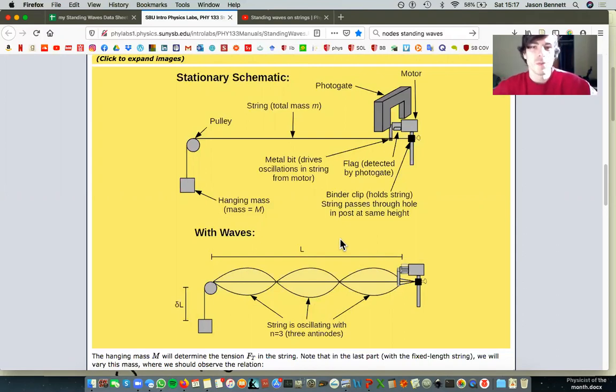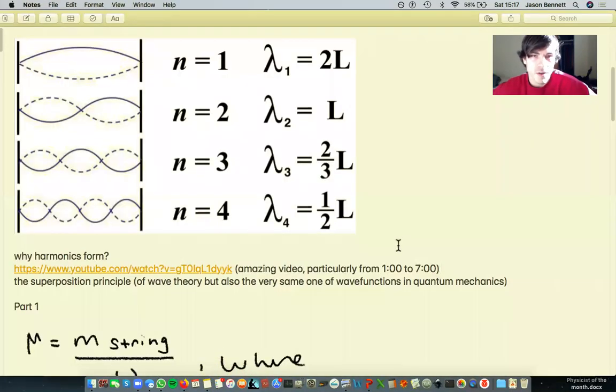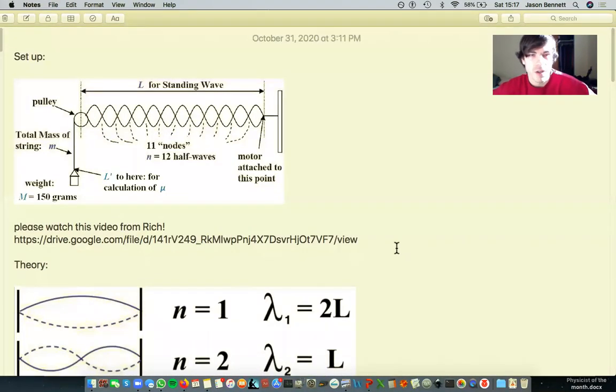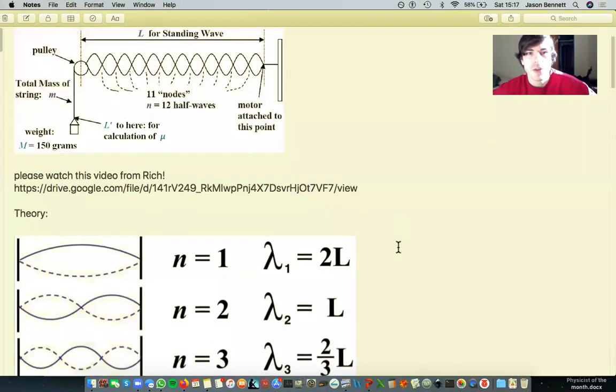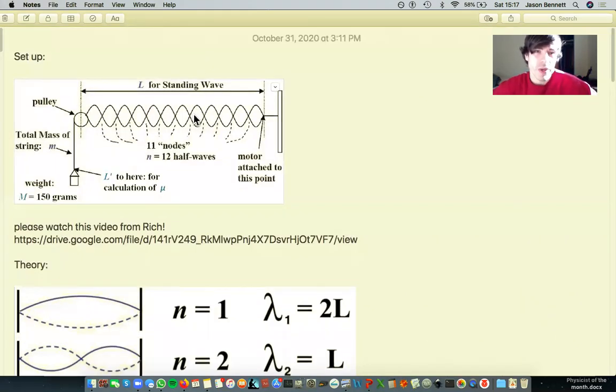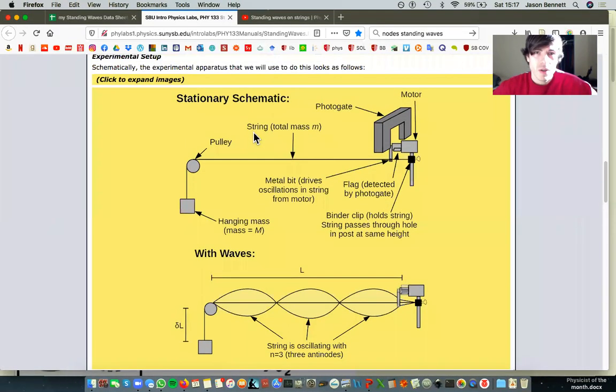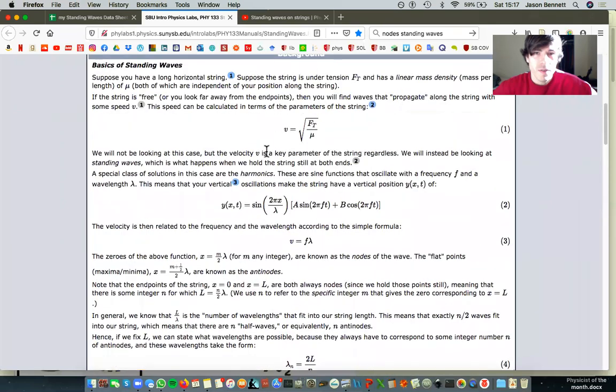And so some of the simplifications that we're going to be doing in this lab, because of Corona times, we're not going to be weighing the string as it mentions in the lab manual. So the idea was that we want to use this equation to find the velocity of the wave.